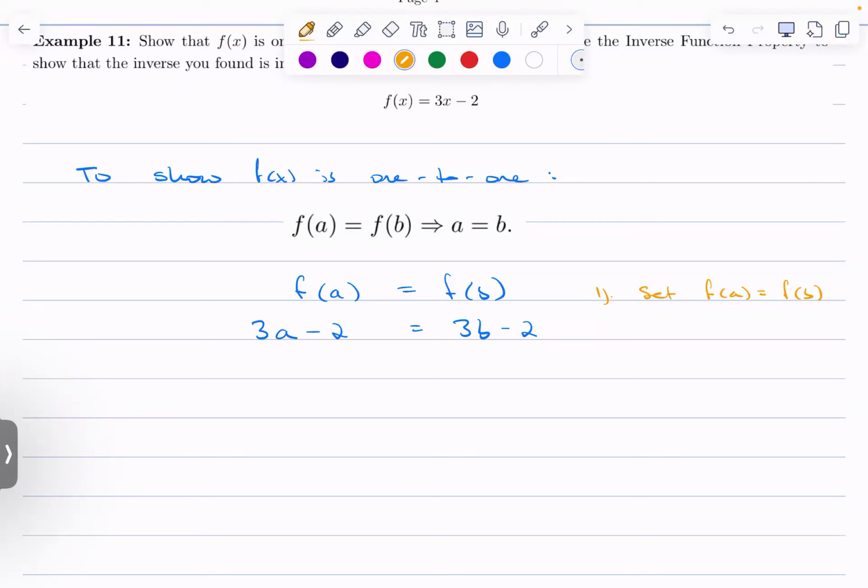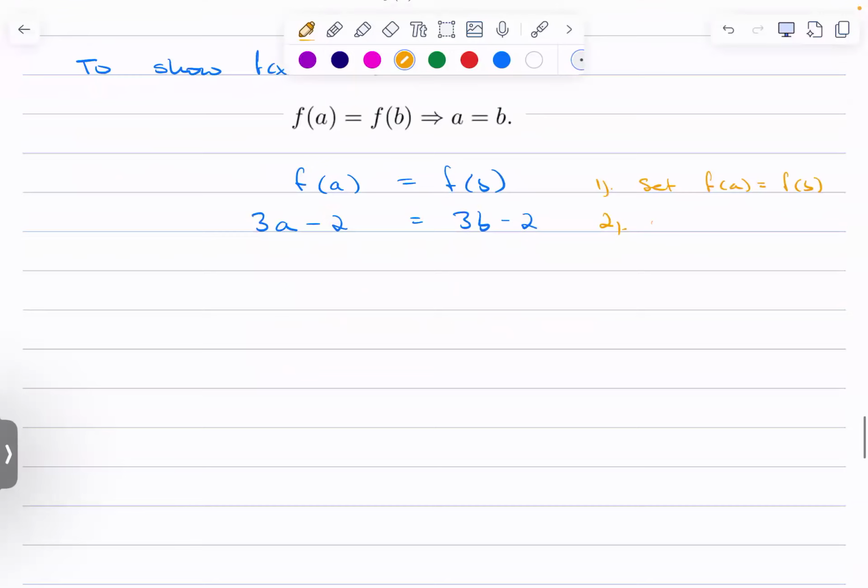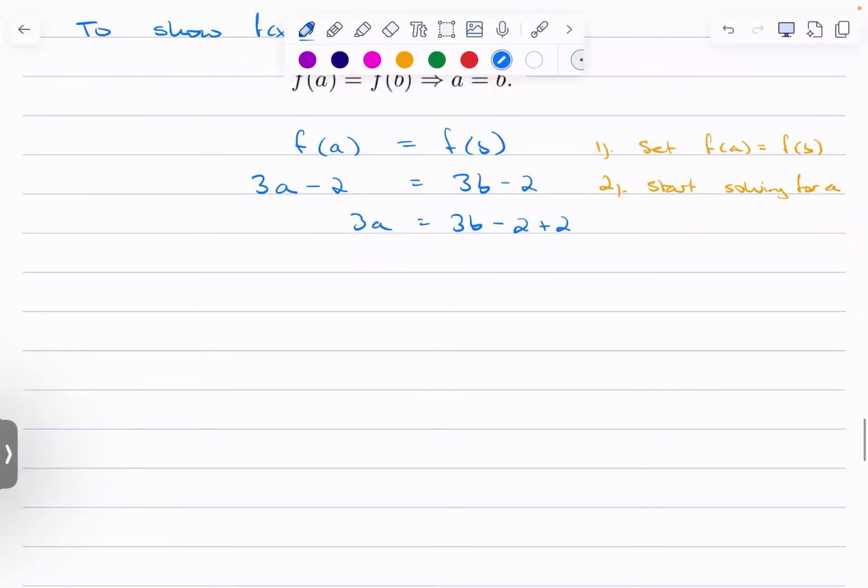Start solving for a. Can solve for b too, but start solving for a. So if I'm solving for a, I would first add 2 to both sides. 3a is 3b minus 2 plus 2. That's nice.